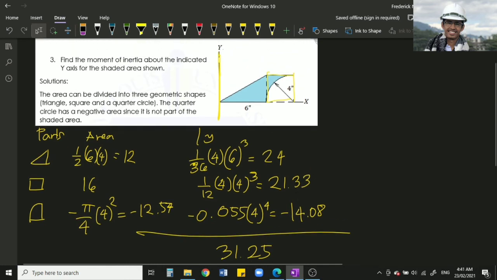And for the d, so let's compute for the d. So yung d is yung centroid ng bawat shape with respect dun sa ating y-axis. Okay? So yung centroid ng ating triangle is dito banda.